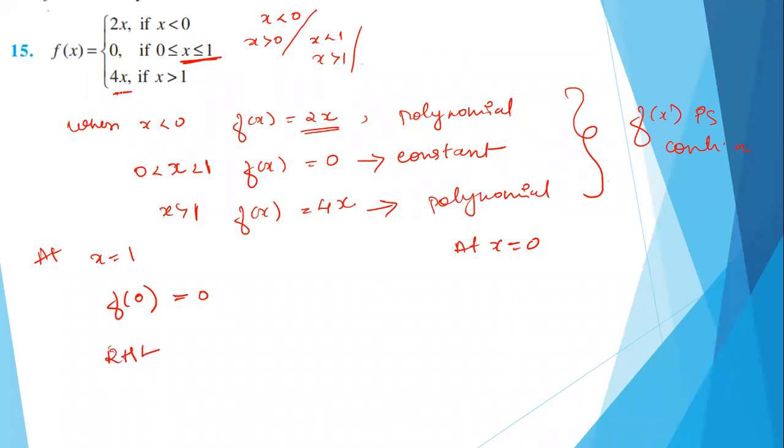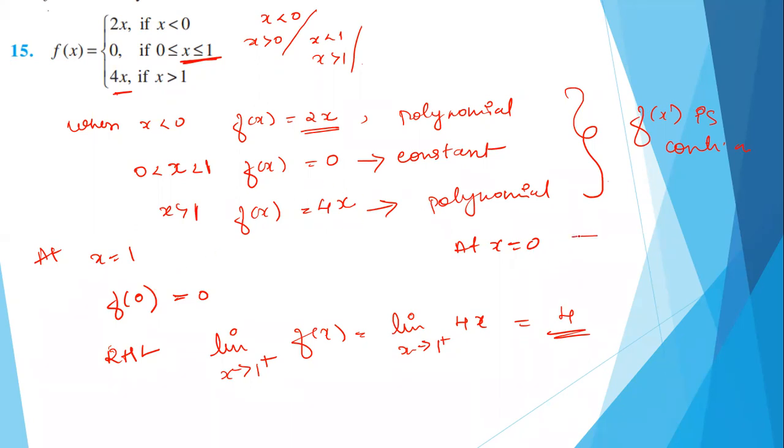You get 4x, isn't it? So the limit as x tends to 1 plus of f of x is the limit of 4x, which is nothing but 4. So the functional value and right hand limit are not equal.